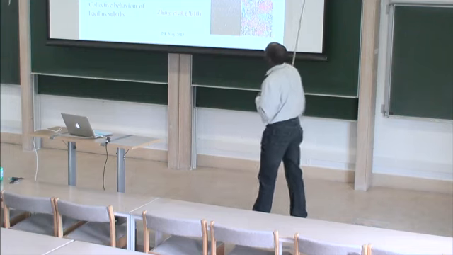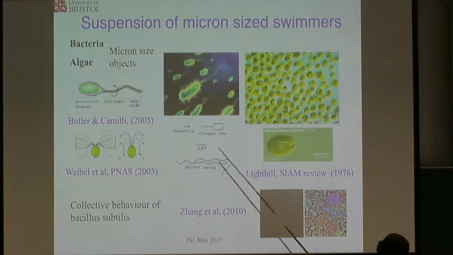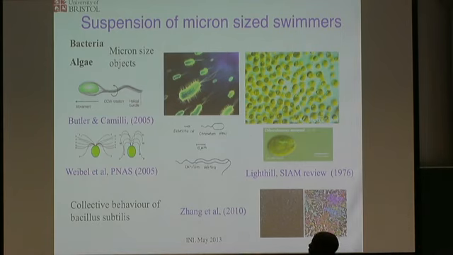Another active element is a self-propelled micron-sized swimmer. There are various biological examples. And again, we could concentrate this system, have a lot of them at high density, and see what happens.